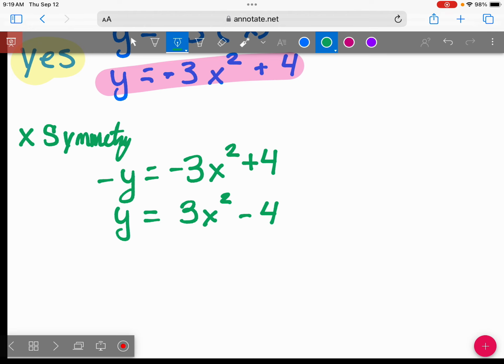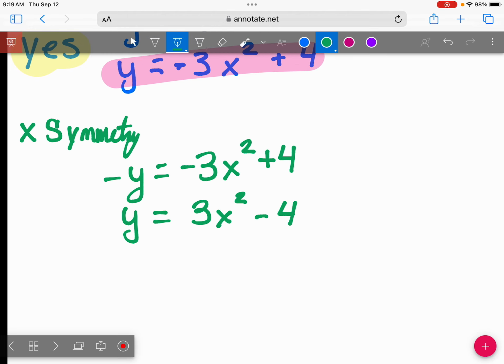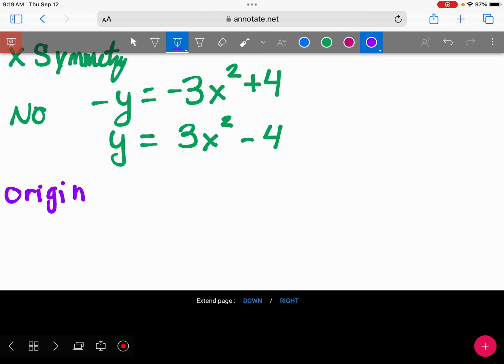Is that exactly the same as our starting function? No. So do we have x symmetry? No. Let's test for our origin symmetry. We're going to do both. So we're going to have our minus y equals negative 3 times our negative x squared plus 4.